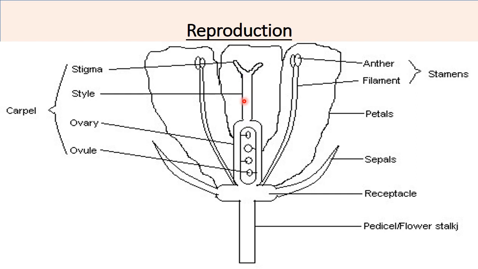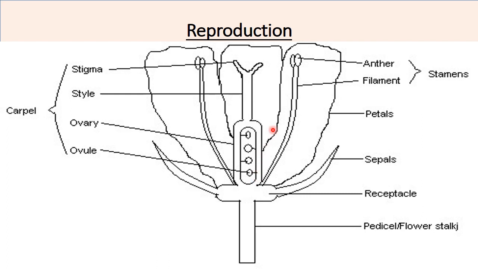It will start moving around the ovule looking for what is called a micropyle. A micropyle is an opening on the ovule that allows some substances to go inside the ovule. When it finds the micropyle, it's going to break.